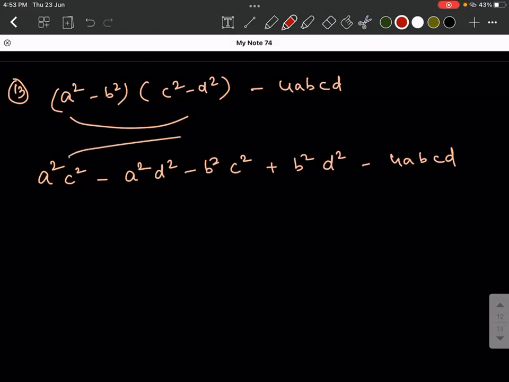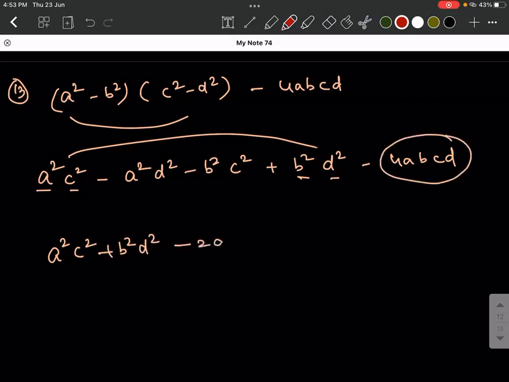If I combine the first term and the last term, did you understand how I got those 4 terms? Just by multiplying. So if I combine the first and the fourth term, I have A square C square plus B square D square. This 4ABCD, can I write it as minus 2ABCD?